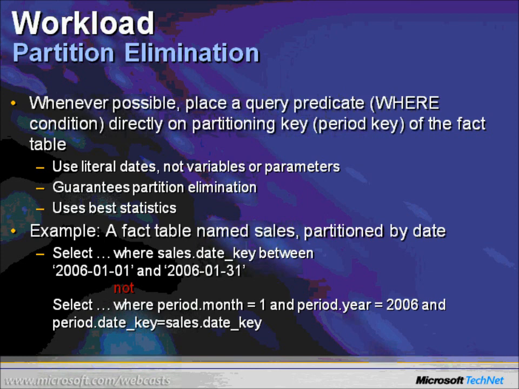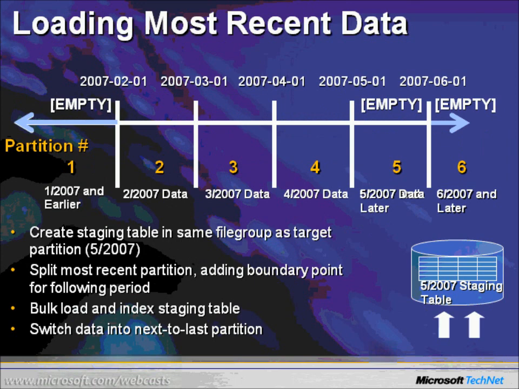It's selecting from the sales table where the sales are filtered by date key via a join with the period dimension. Both of those might pull back the same exact rows from the sales fact table, but the first one has some advantages in that you can get a fully parallel scan working for that query more easily.